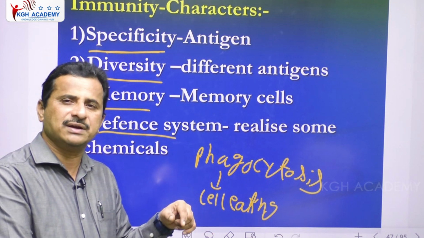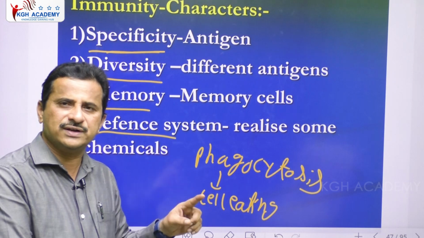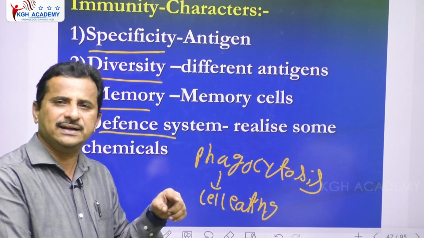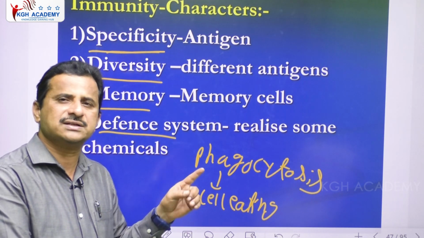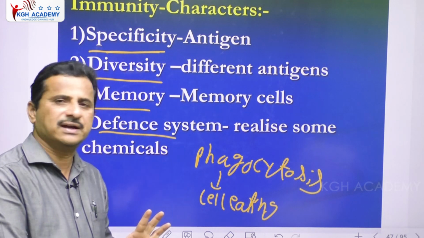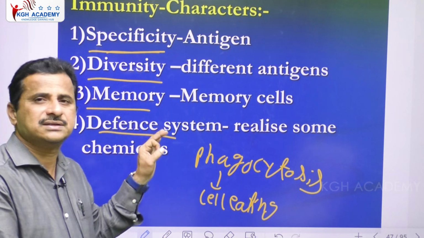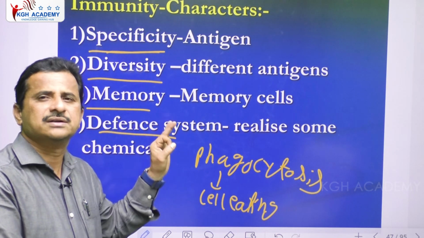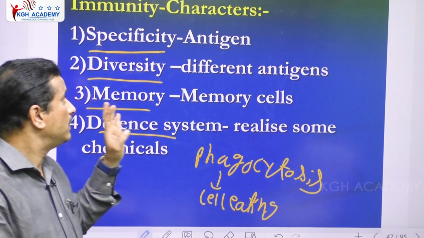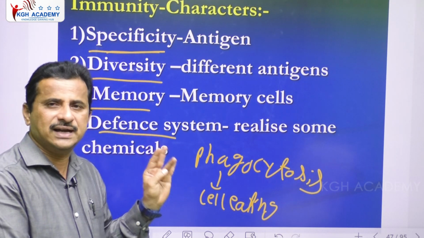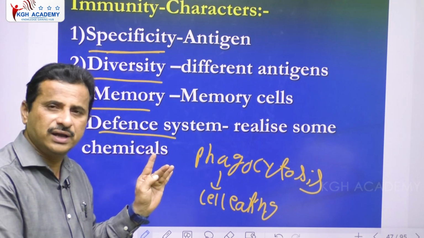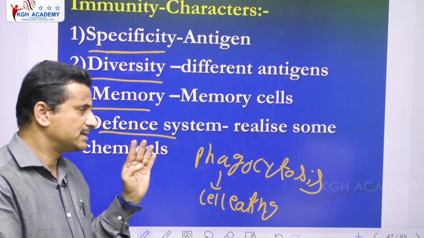So these are all the characters or specialties of the immune system. What are they? Specificity, diversity, memory, and a defensive system.